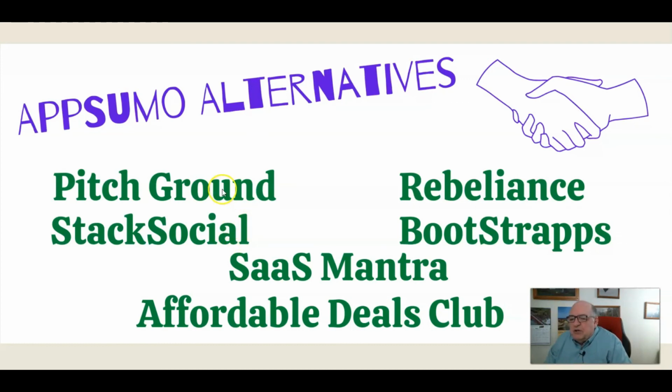And then if you look at PitchGround, competes very well with AppSumo as far as the technology and getting new developers to want to be part of their format and use and promote their products with the deals. I would say probably look at AppSumo, PitchGround. StackSocial is probably the leader just because of the broad base as the leading competitor.